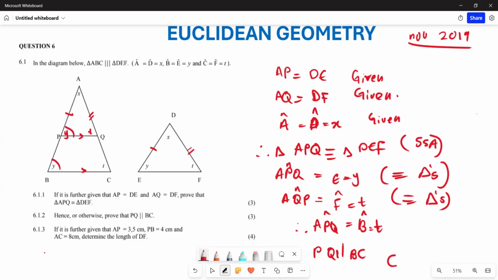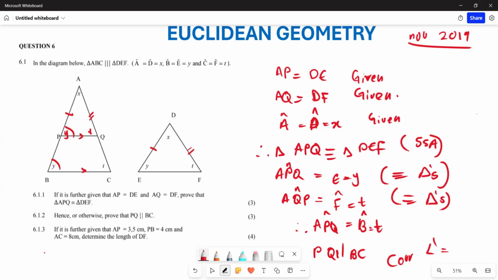When the corresponding angles are equal, the two lines are parallel. Therefore PQ is parallel to BC.